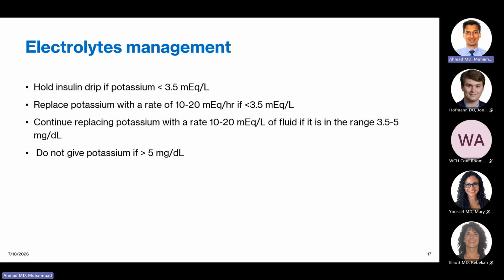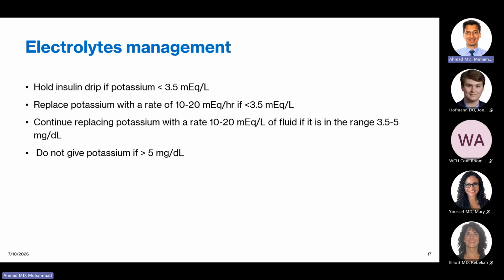Okay, so now electrolyte management. We have to hold the insulin drip if potassium is less than 3.5, and replace the potassium at a rate of 10 to 20 milliequivalents per hour if it is less than 3.5. If it is in the range 3.5 to 5, then with every liter we add 10 to 20 milliequivalents of potassium.